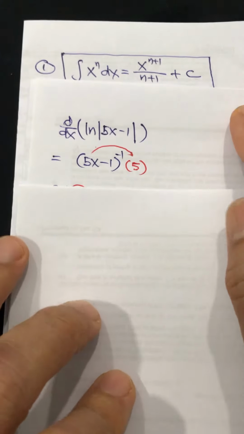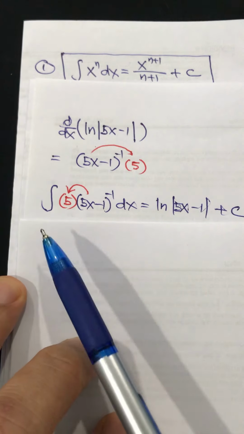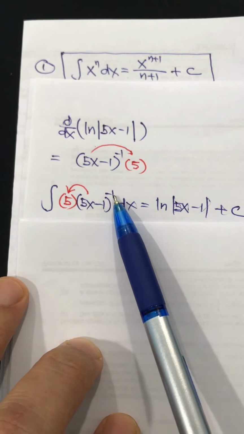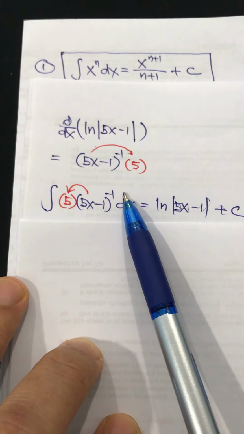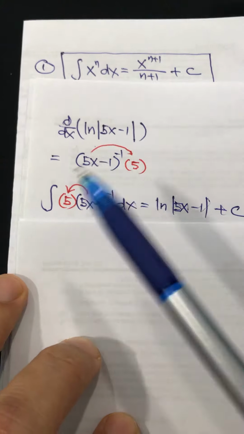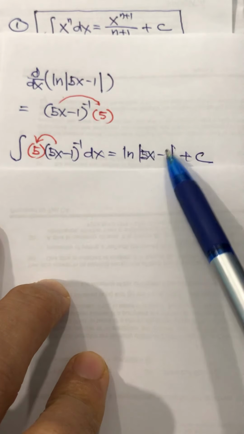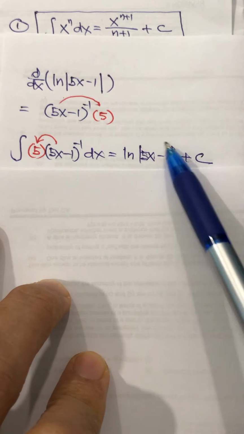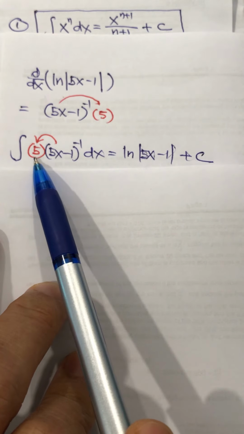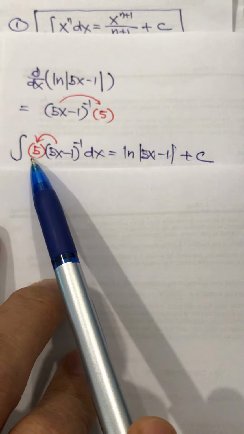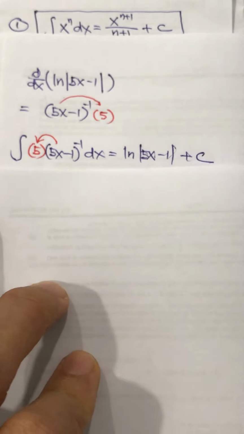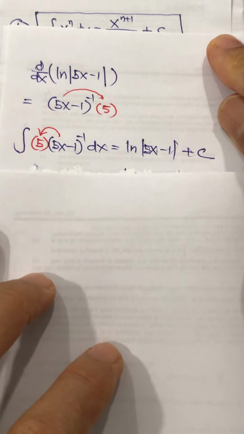Meaning, when I integrate (5x minus 1) to the power negative 1, dx, actually you plus 1, you get 0, which is not acceptable. Therefore, you get ln of 5x minus 1. And then usually for ln, we have to use modulus, because what is inside the ln must always be positive. And then you must have the 5 here, which is just like just now, the x. You must always remember we must have this, the red color one. I mean, then we can integrate.